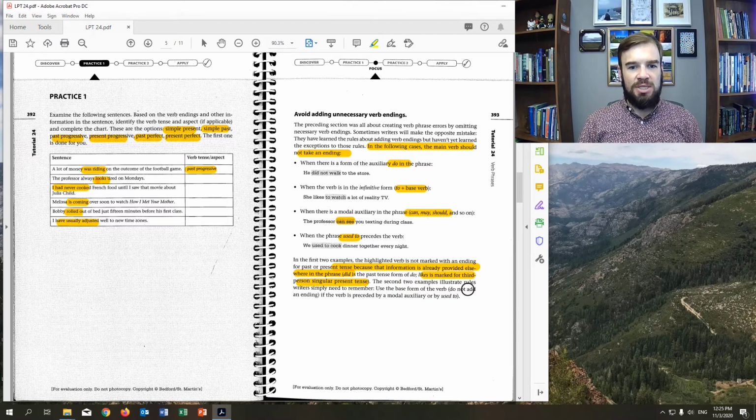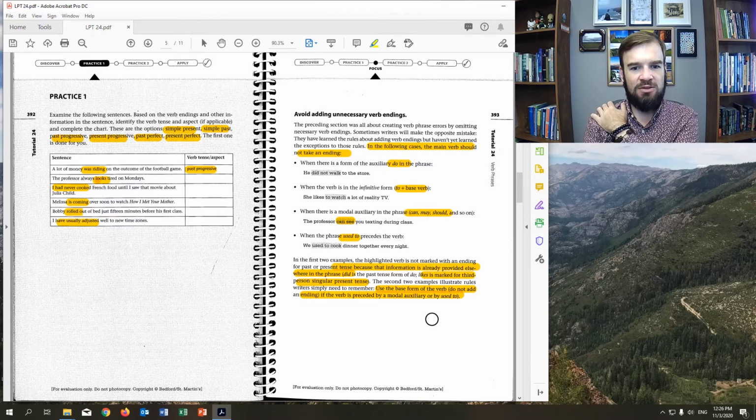The second two examples illustrate rules where writers simply need to remember: use the base form of the verb. Do not add an ending if the verb is preceded by a modal auxiliary or by used to. And I'm just going to read that last paragraph again because it is so important and so helpful. So in the first two examples, the highlighted verb is not marked with an ending for the past or present tense because that information is already provided elsewhere in the verb phrase.